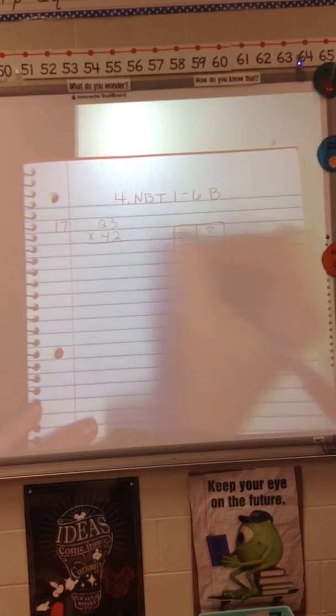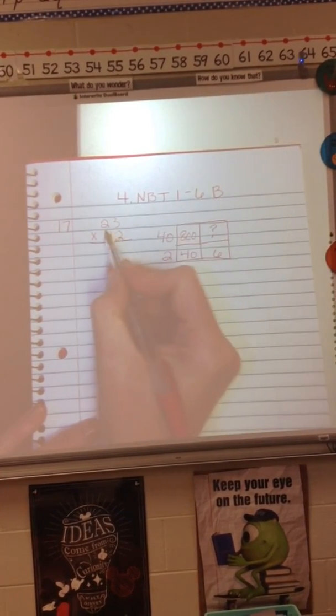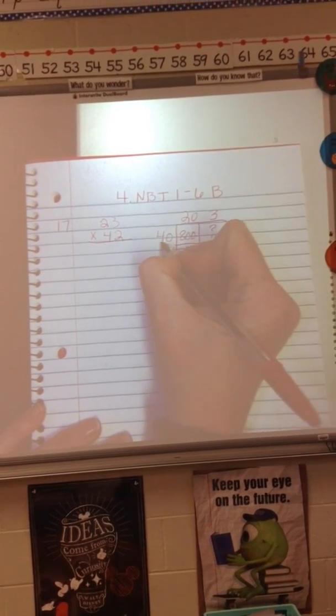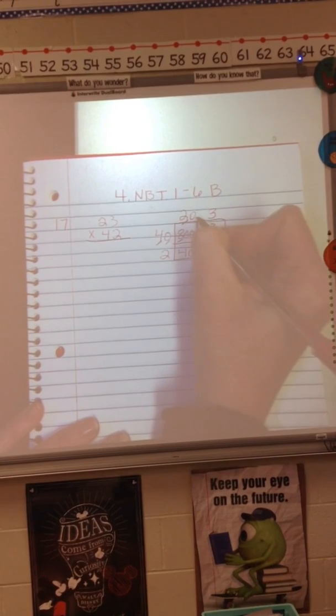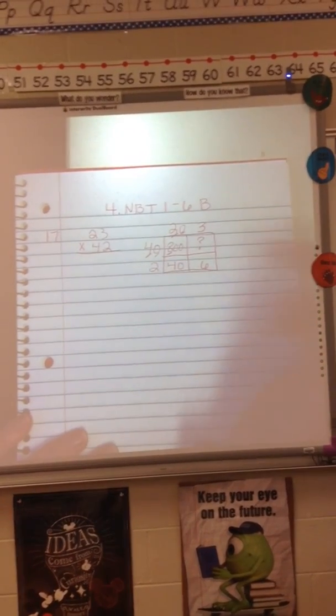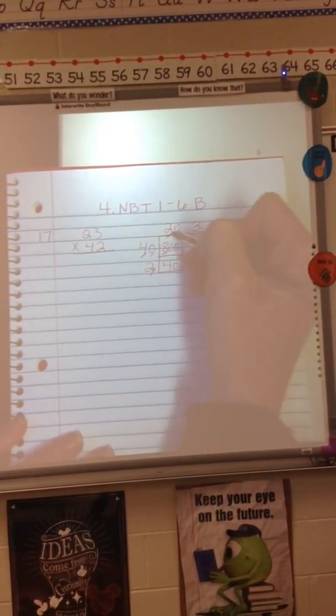So we would put 42 in expanded form, 23 in expanded form, and then you say 4 times 2 is 8. Add your 2 zeros to make 800 because 40 times 20 is 800. 2 times 20, well, you can say 2 times 2 is 4.